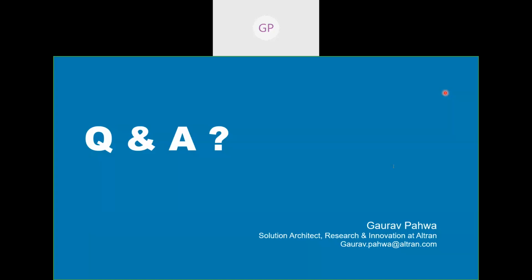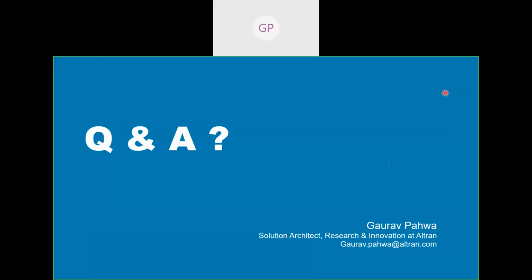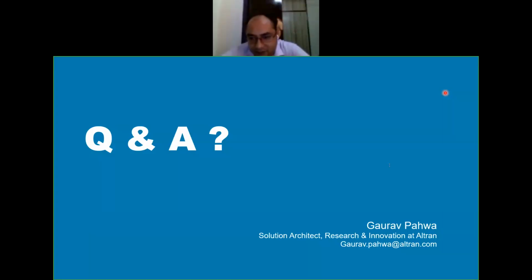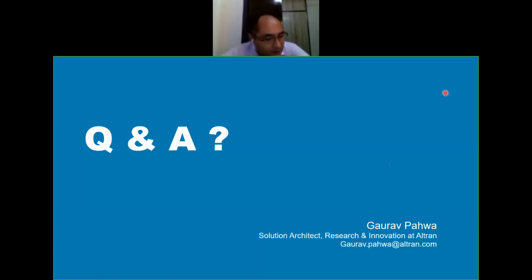Yeah, that's fine, sir. Any other would like to discuss something? After industry 4.0, now we have industry 5.0. Can you differentiate what are the upcoming areas in industry 5.0?